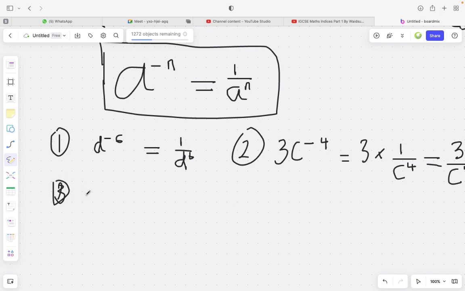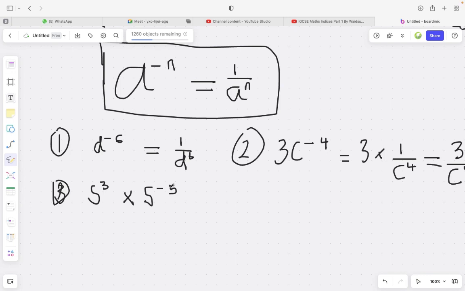S to the power of 3 multiplied by s to the power of negative 5. Now, if you look at this very well, you can see the first law here and you can see negative indices here. Because they have the same base, s, and they multiply, this is the first law, but the power of this one is negative, so you can see two things are combined here.